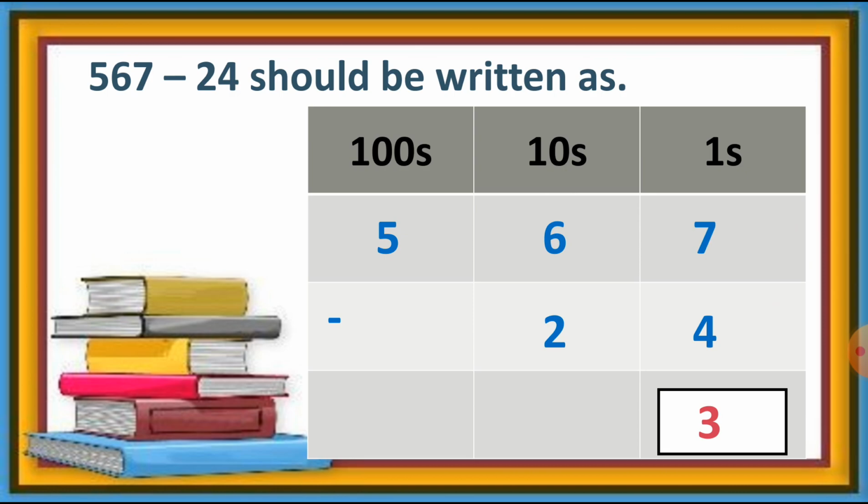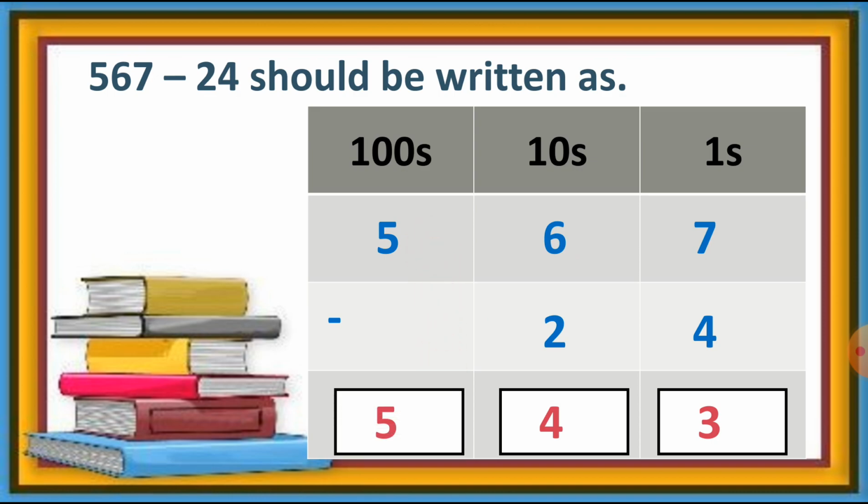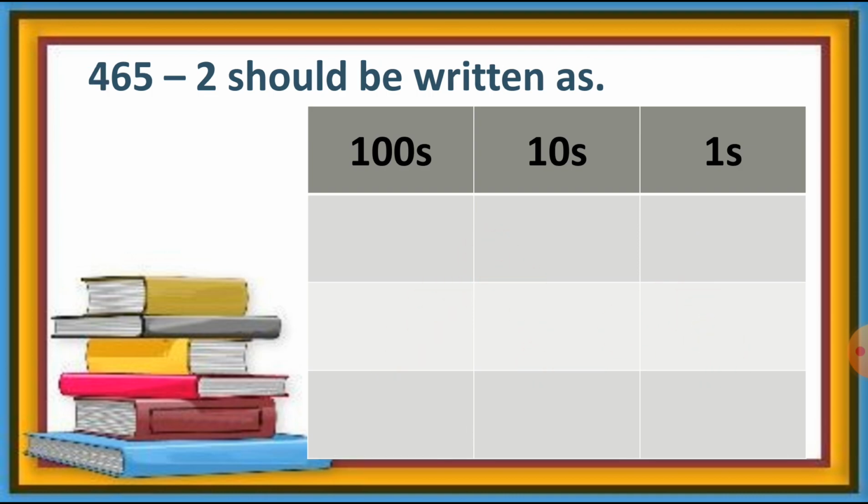Let's move to the tens column. 6 minus 2 is equal to 4, and there is no digit to subtract from the 5, so we write the number 5 as it is here, and the answer of this sum is 543. I repeat, 543.